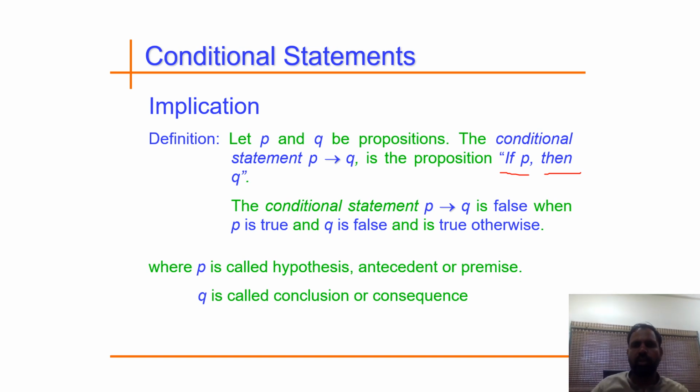The conditional statement P implies Q is false when P is true and Q is false, and is true otherwise.